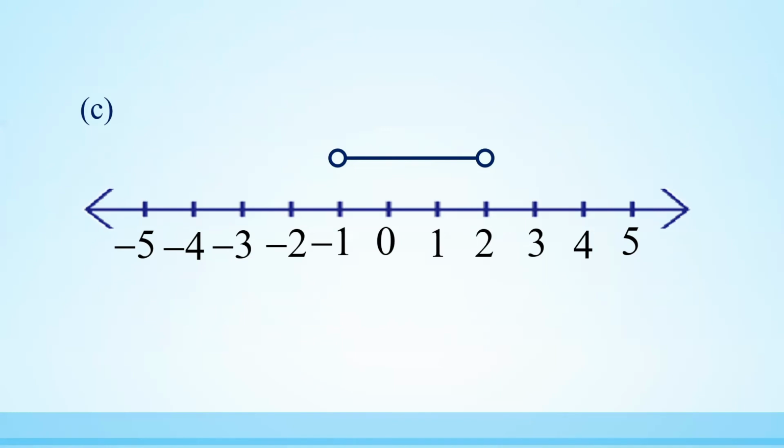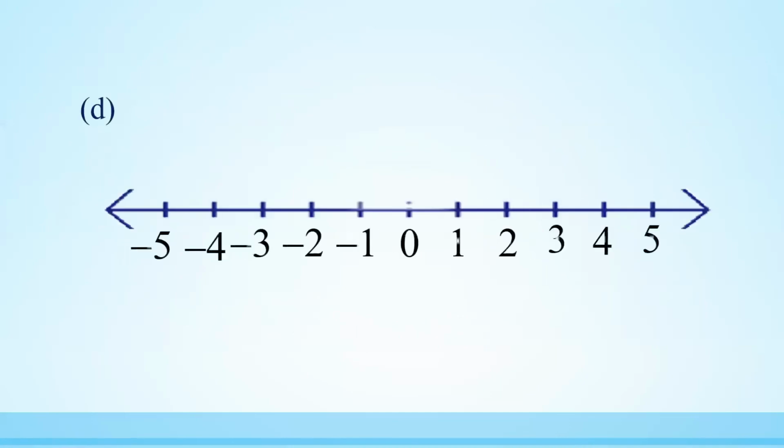What does it mean? X lies between -1 and 2. And I write it in this form. But D, I have two shaded circles at -4 and 0. So I write it as x lies between -4 and 0, including -4 and 0. So here it is.